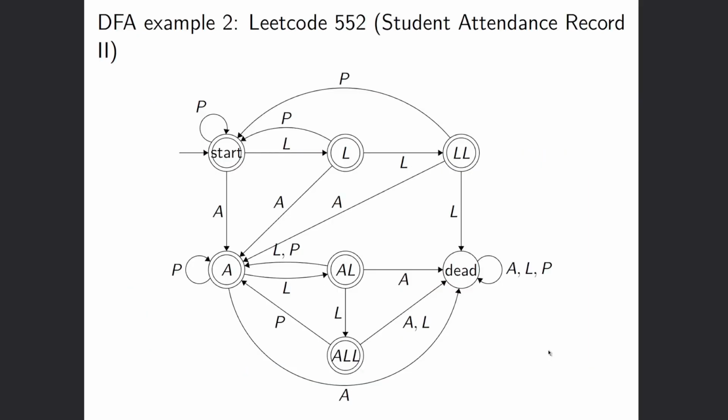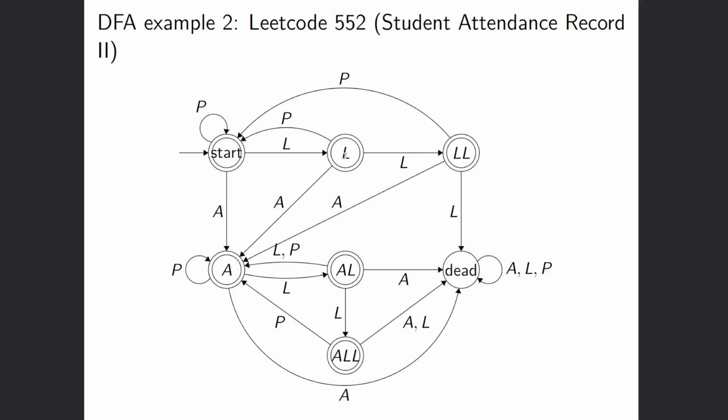So here is the state machine for that problem. Again, no more than 1 absence the entire time, and if we ever see 3 L's in a row, that's also not allowed. We start at the start state, and if we ever see a P, a present, we don't go anywhere.